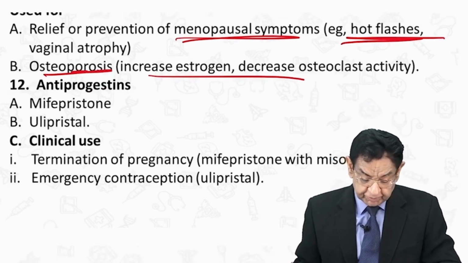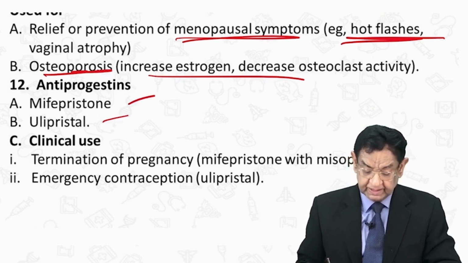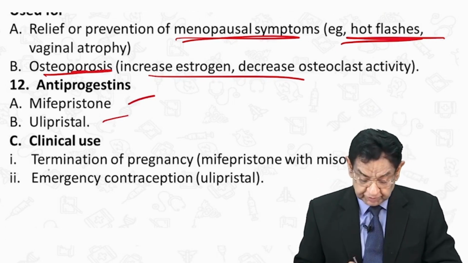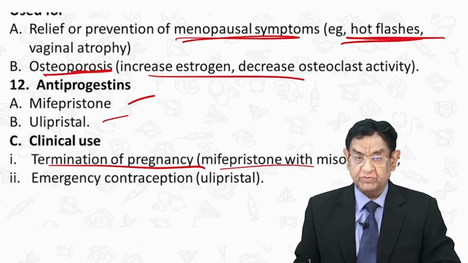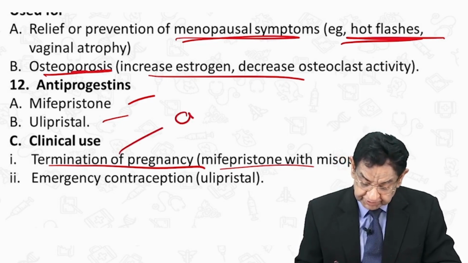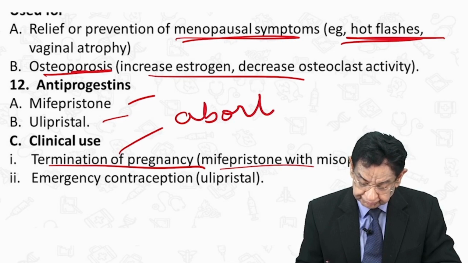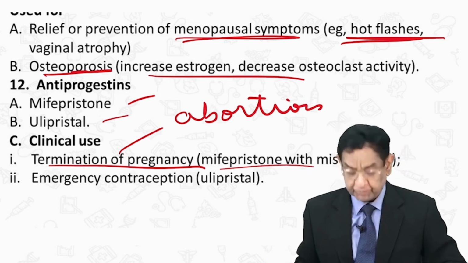We have anti-progestins like mifepristone and ulipristal. We use mifepristone for termination of pregnancy. That means this is one drug which will induce abortion. So this is a drug for inducing abortion.